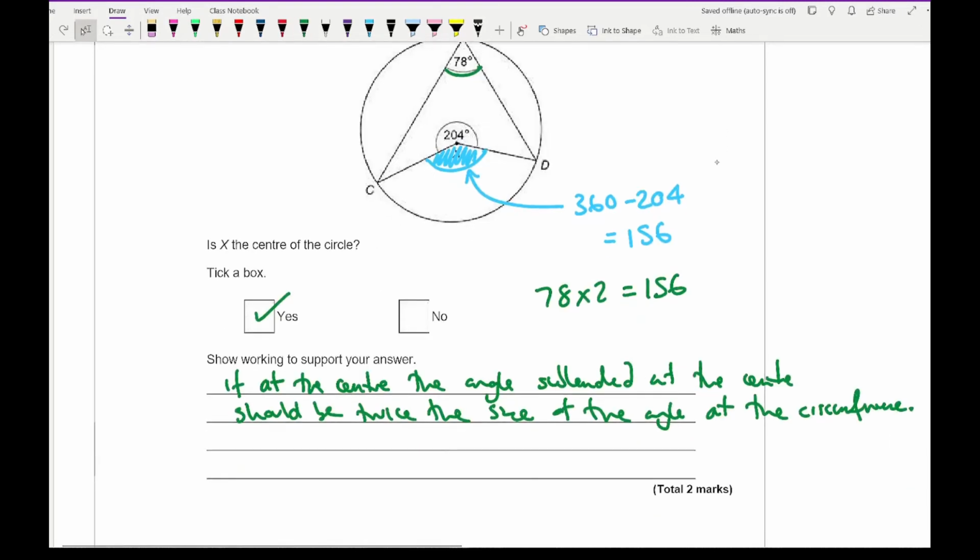Scroll down a little bit. So as 78 times 2 equals 156 degrees, X is at the center.